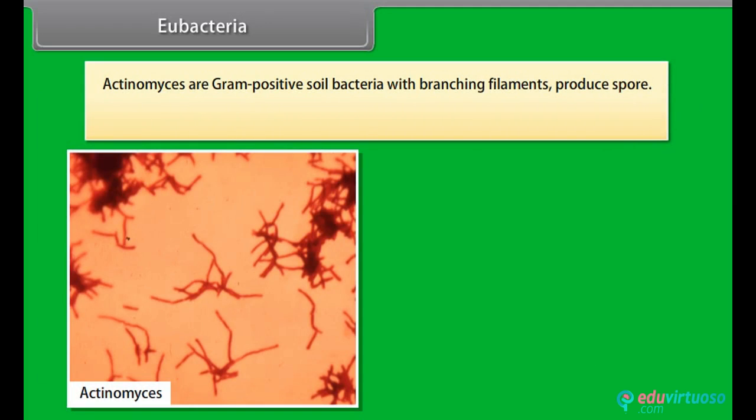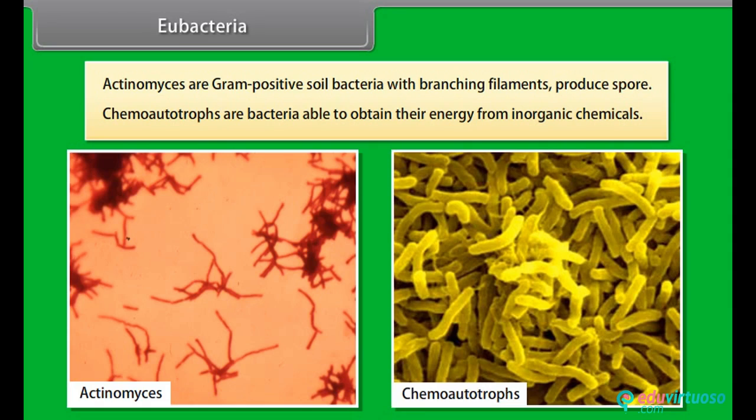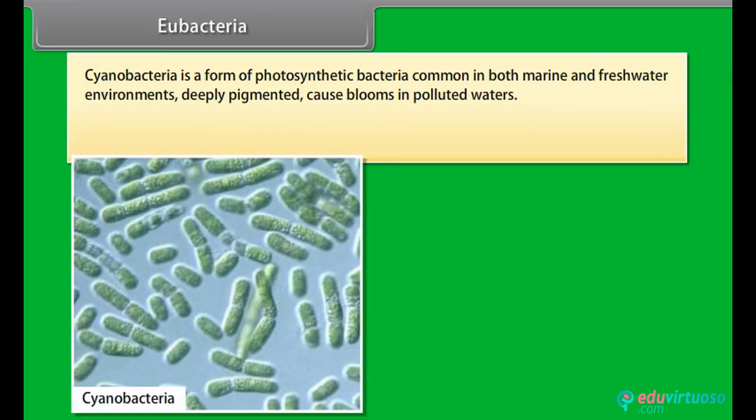Actinomyces are gram-positive soil bacteria with branching filaments that produce spores. Chemoautotrophs are bacteria able to obtain their energy from inorganic chemicals. Cyanobacteria is a form of photosynthetic bacteria common in both marine and freshwater environments, deeply pigmented, and cause blooms in polluted waters.